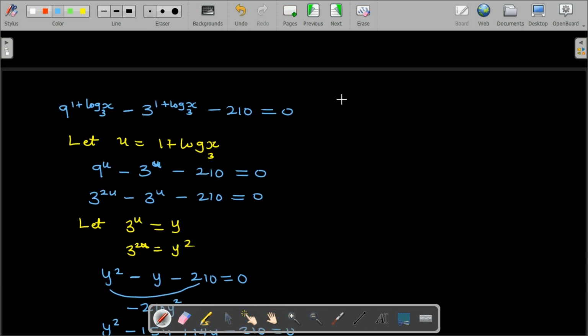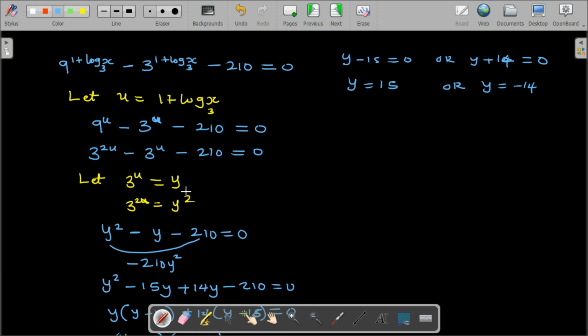We say that y minus 15 is 0, or y plus 14 is also 0. From here, we could say y is 15 or y is negative 14. Now we go back to the second assumption we made.